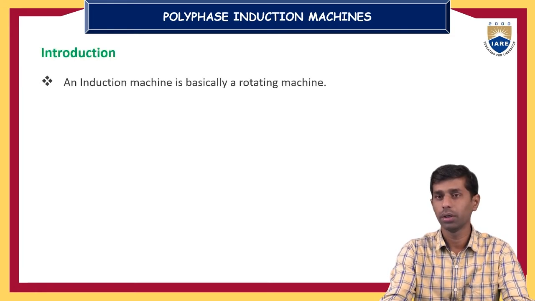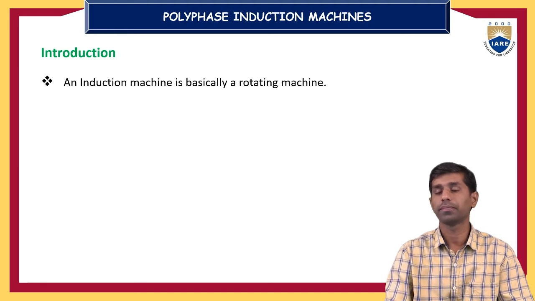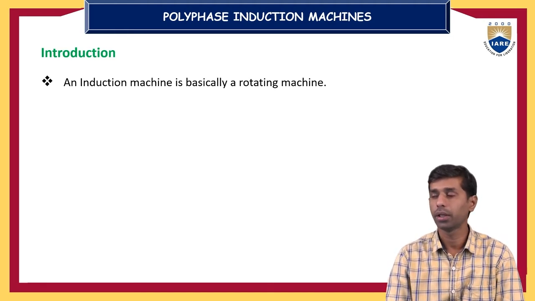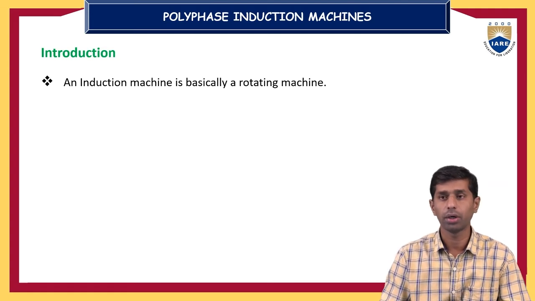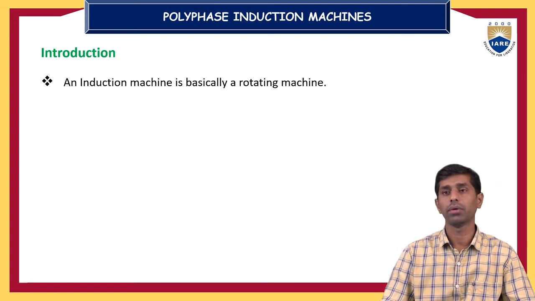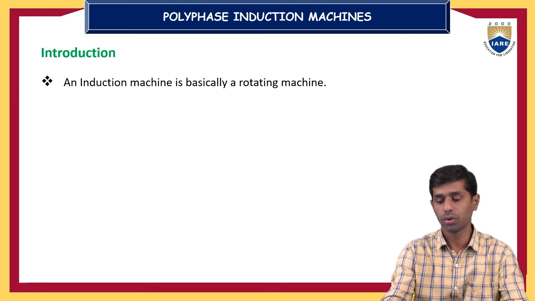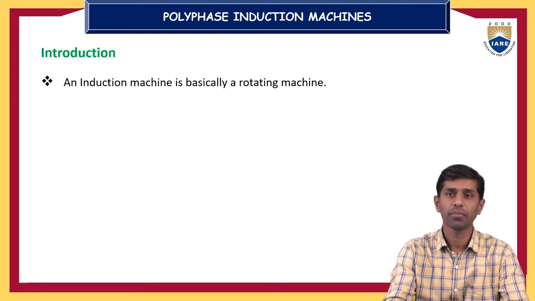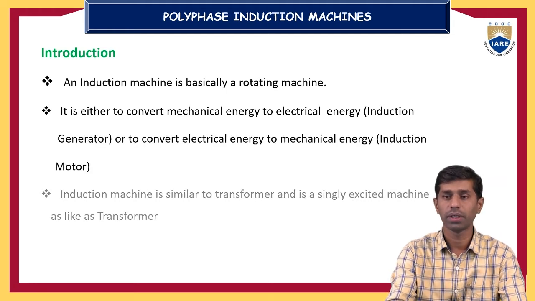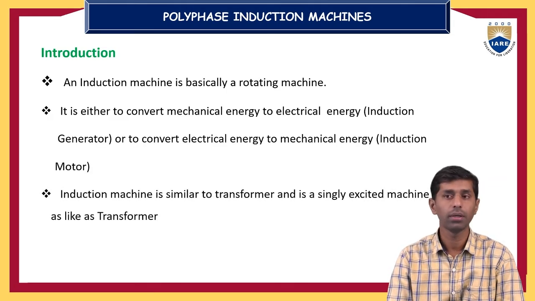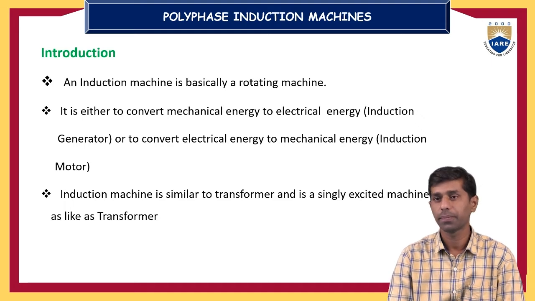So we can use the induction machine either to convert mechanical energy into electrical energy or electrical to mechanical energy. Constructionally, it is very similar to the DC machines, and all the rotating machines are constructionally very similar. And it is very similar to the transformer.